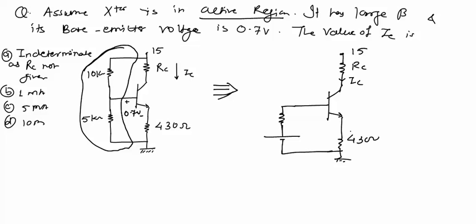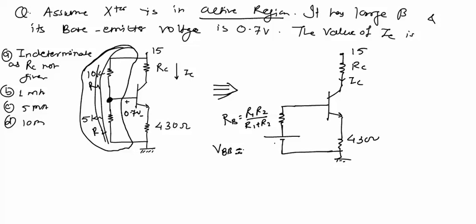In this circuit, this resistance RB will be the parallel combination of these two resistances, R1 into R2 upon R1 plus R2, and this voltage VBB will be the voltage at this point, which is calculated by applying potential division rule in this particular network.